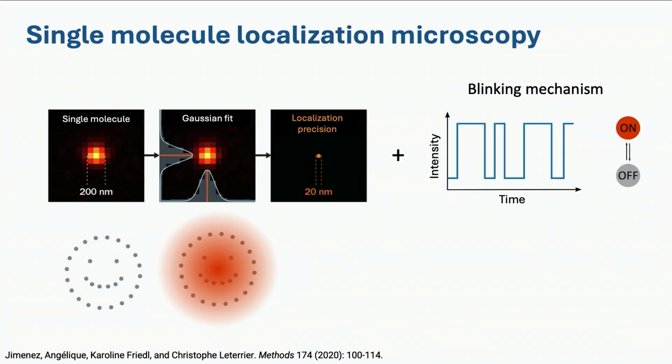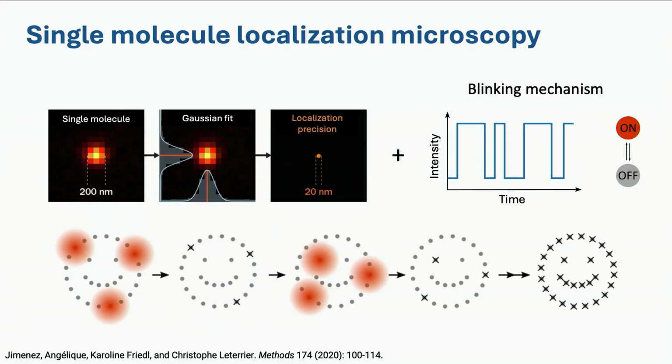So imagine here you have this smiley face structure that is diffraction limited. If you want to check if you have all your proteins labeled with dyes, and you do an image, you will see something like this, and you don't have any detail. You cannot see if it's a smiley or sad face.